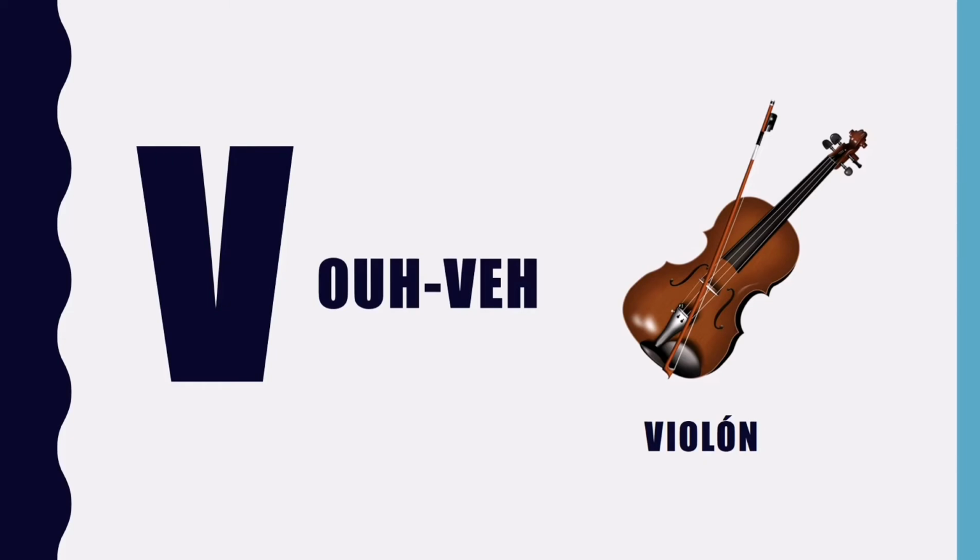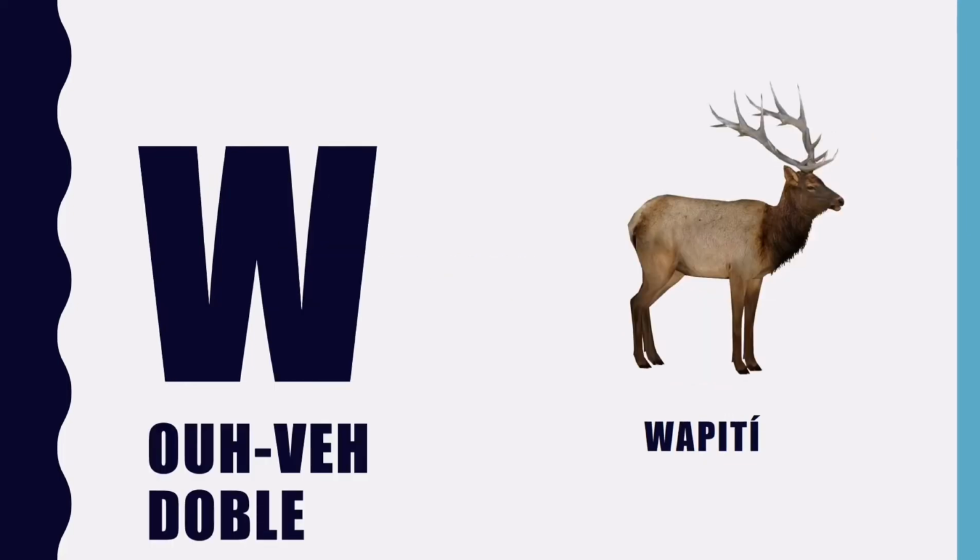In Spain, they don't pronounce the V as V. They pronounce it as a B, violón. But in some Latin American countries, they say violón. So you can choose whatever pronunciation you'd like. Now the letter W is V double, such as wapiti.